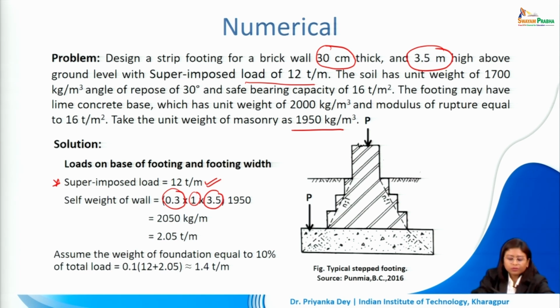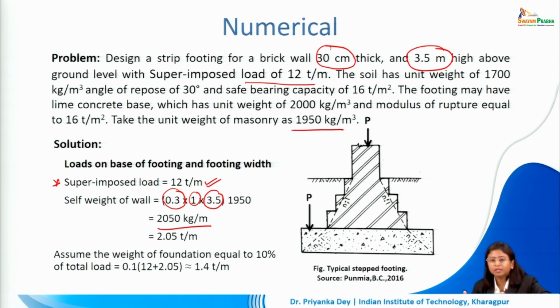As per my calculation, that is coming up to about 2050 kg per meter or 2.05 ton per meter, and that is the self weight of the wall. Now, this self weight is going to act along with the 12 ton per meter superimposed load which is coming through the same wall. Now, this is just the superstructure part and the superimposed loads.